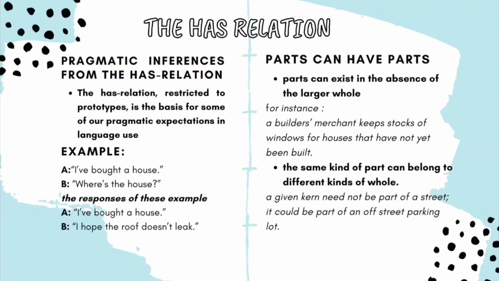This is because a part can exist in the absence of the larger whole. For instance, a newly cast or hewn curved stone can be lying around and not be a part of any street.